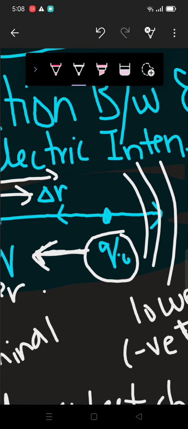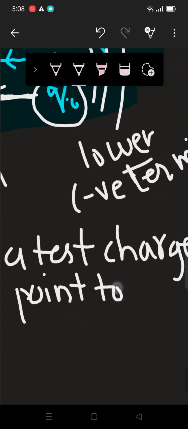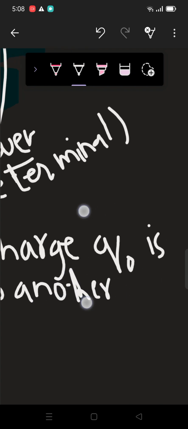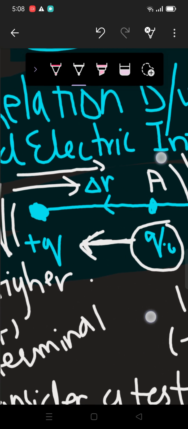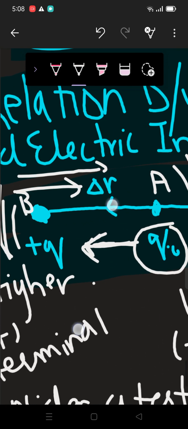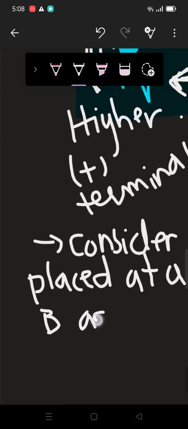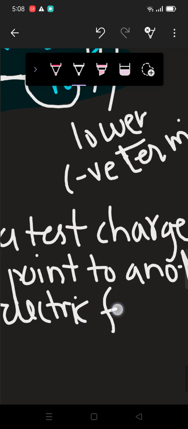So let me suppose this is a point A, to another point B. We have another point B. So let's suppose this is point A to another point B, against the electric field, as I've already told you, right? Electric field.